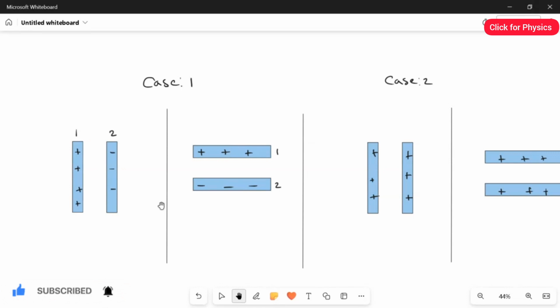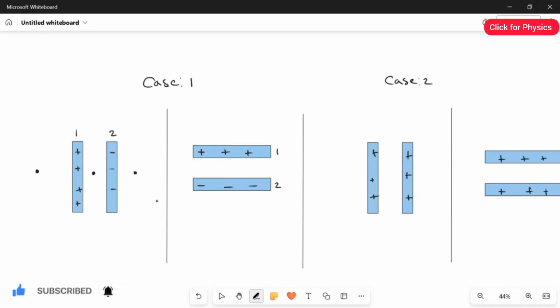Here we are going to find the electric field on the left hand side of plate 1, the electric field in the middle, that means between sheets 1 and 2, and then the electric field to the right hand side of sheet 2. Here we have two non-conducting sheets which carry two different charges. In the first sheet we have positive charge distributed, and in the second sheet we have negative charge.